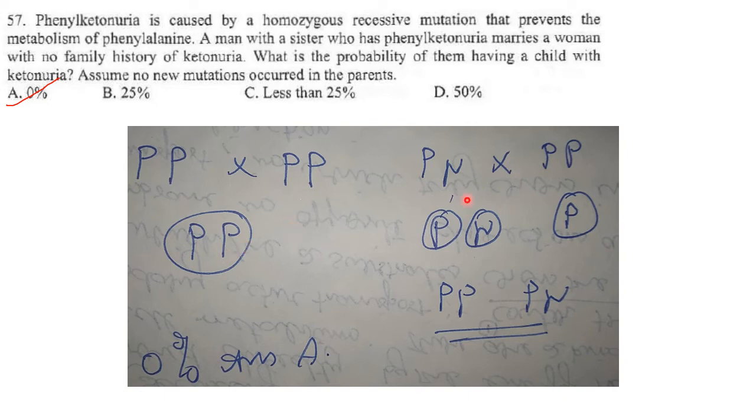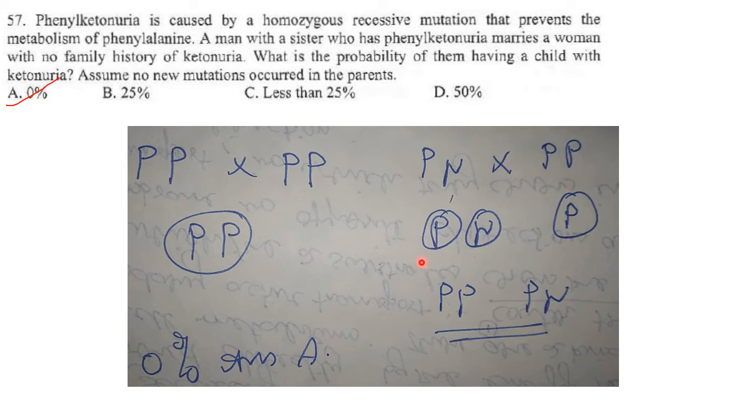So 0%. Now if his genotype is capital P, small p, because he has a sister who has phenylketonuria, the chance of him being heterozygous is common. So capital P small p crossed with capital P capital P, the woman who has no family history.